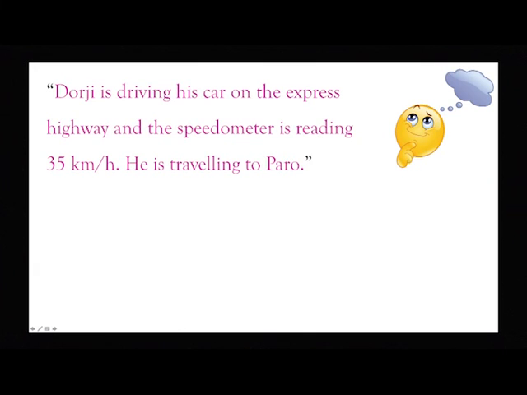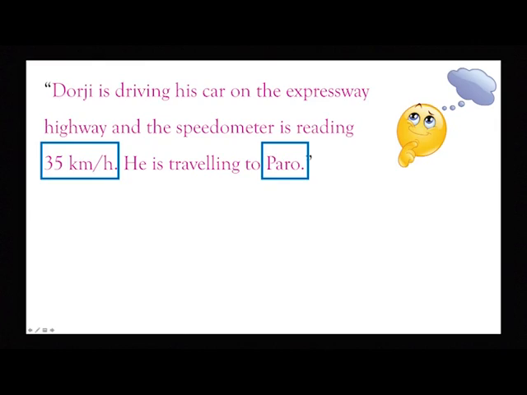Doji is driving his car on the express highway and the speedometer is reading 35 km per hour. Now do you see that this is the extra sentence? He is traveling to Paro. So can you guess? There are 2 important points here. Which one do you think these 2 important points are?